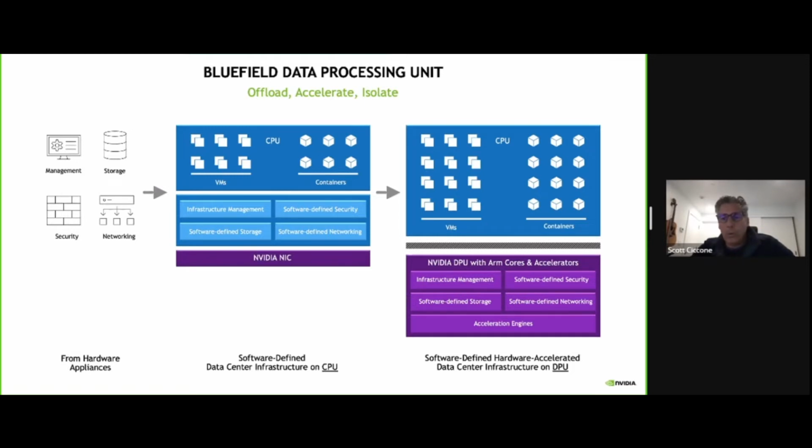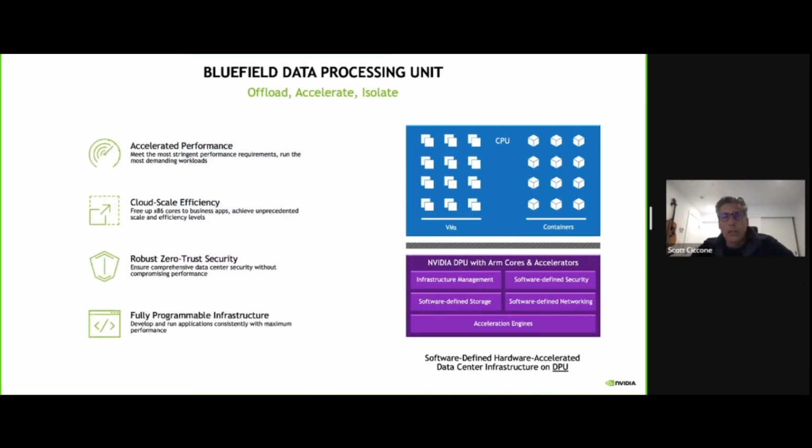So let's explore some of the benefits for deploying DPUs in the enterprise. It basically starts with accelerated performance. Bluefield features a broad range of hardware accelerators for software-defined networking, storage, and security. The result is industry-leading performance for many use cases.